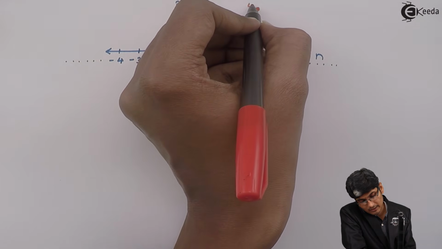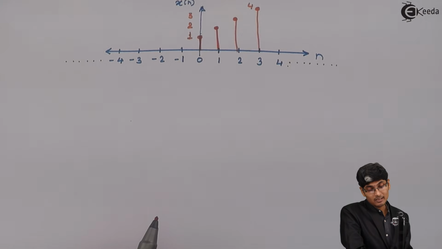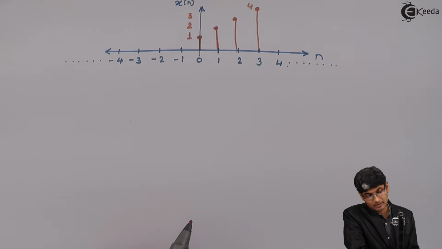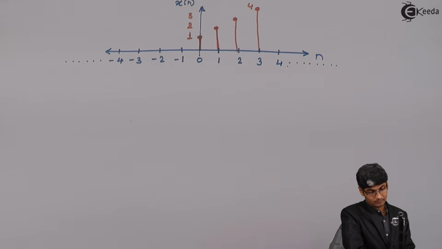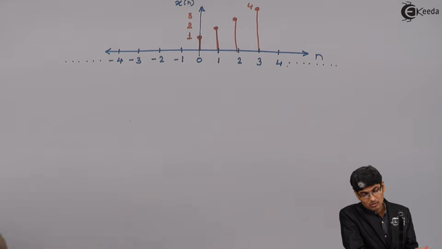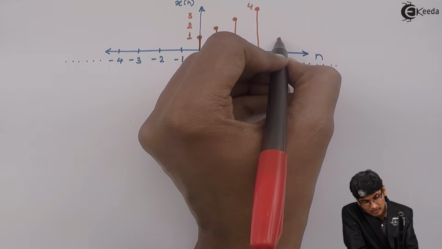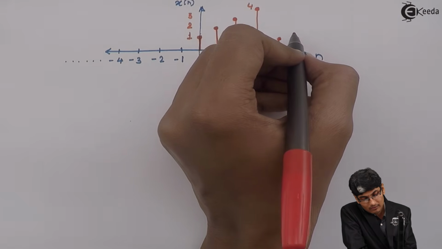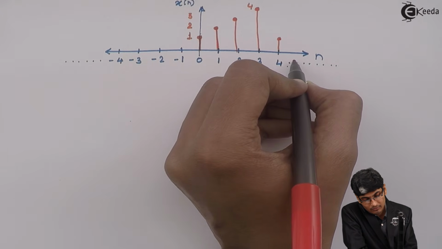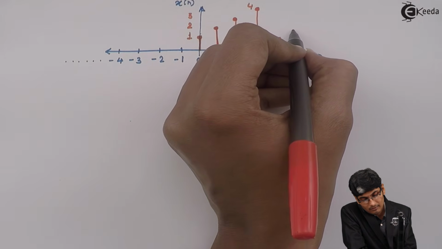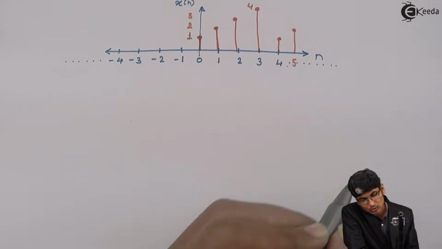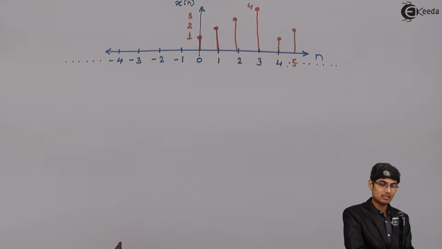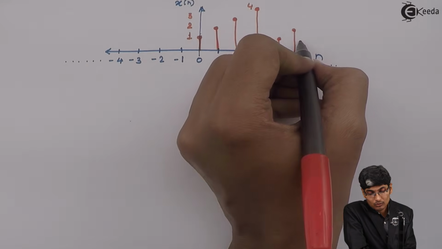Now when I say the signal is periodic, it means that for the next number, n is equal to 4, I will repeat what is at n is equal to 0. So my value will be the same as that of 1, right? Then at n is equal to 5, I have the amplitude as 2, and so on.